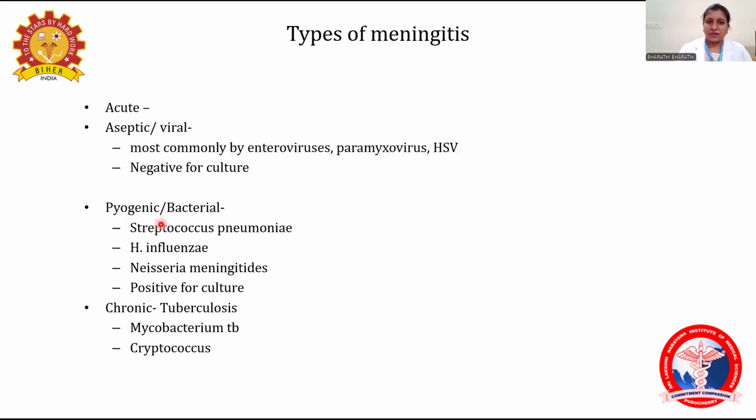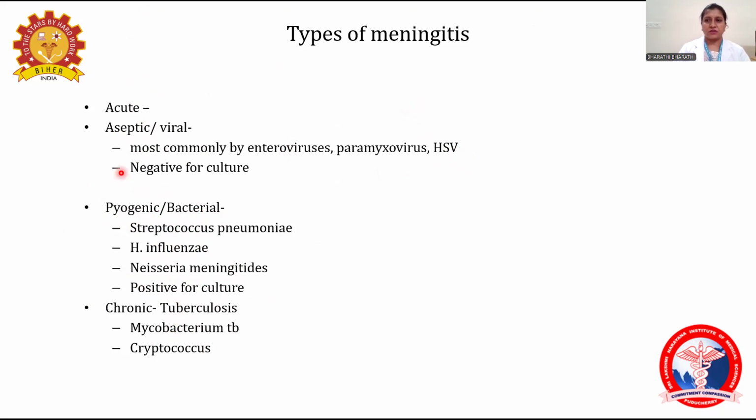And pyogenic is caused by bacteria, so they are positive for culture. These are the organisms that cause pyogenic bacterial meningitis: Streptococcus pneumoniae, H. influenzae, Neisseria. So we have to know what is aseptic and what is septic. The next is chronic, which takes some time for its onset, say weeks or months.